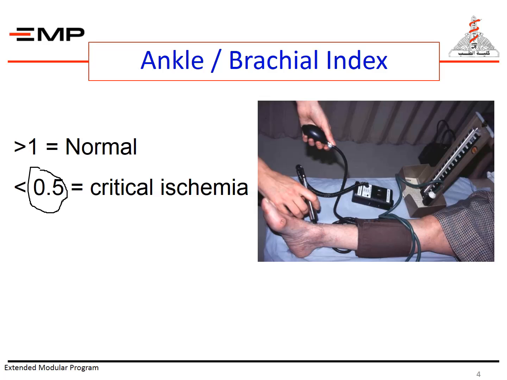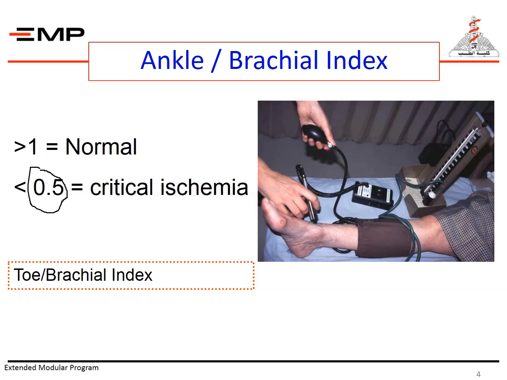You will learn more about critical ischemia when we discuss chronic ischemia. In diabetic patients, the toe brachial index is a more accurate indicator of ischemia than the ankle brachial index. The explanation of this finding will be discussed in the face-to-face session.